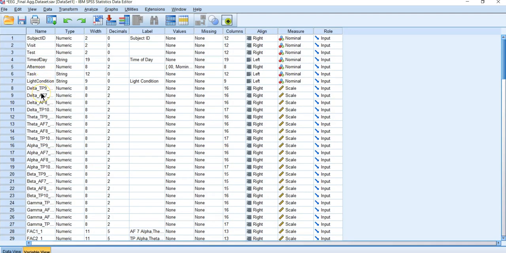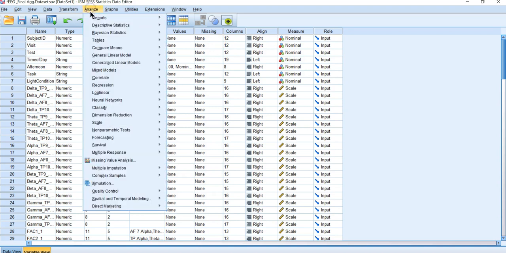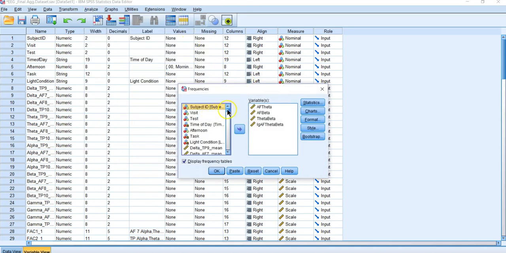We have 5 EEG waves: delta, theta, alpha, beta, and gamma. And we have them in 4 locations: 2 temporal and 2 frontal. And so for each one we have 4. Now let's analyze frequencies and do a histogram on a combination of theta, beta, theta beta, and log theta beta.